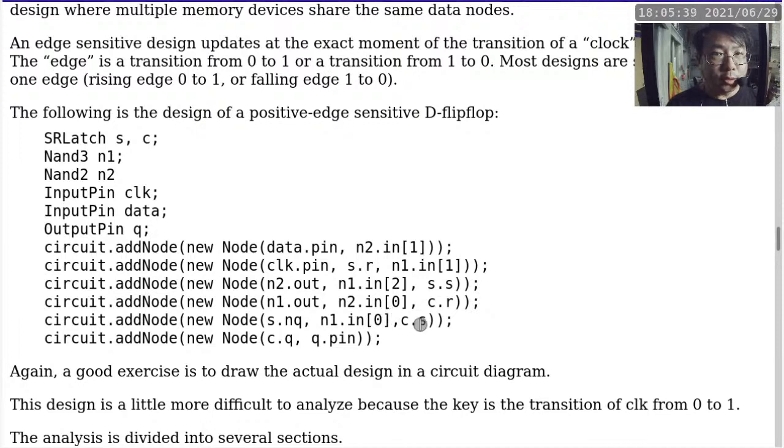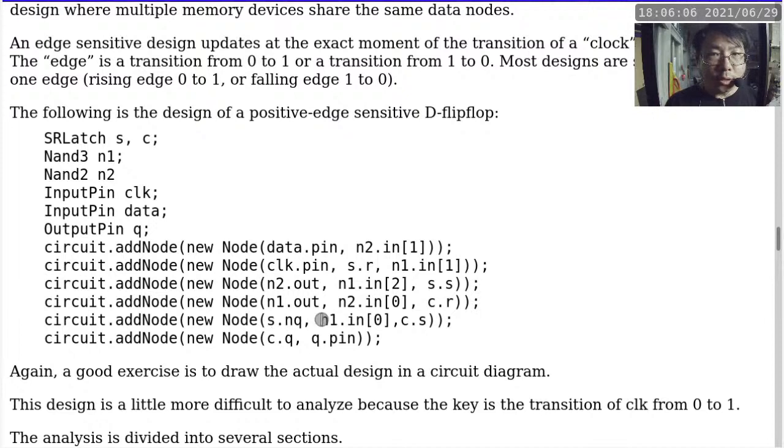Now we track down what is C.S. C.S is getting the output NQ from the SR latch. So now we draw the second SR latch, which is labeled S, and then the NQ of the SR latch connects to pin S of the CSR latch.